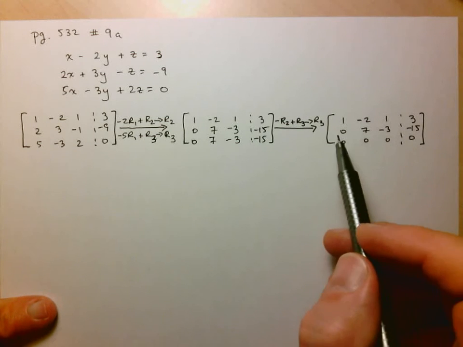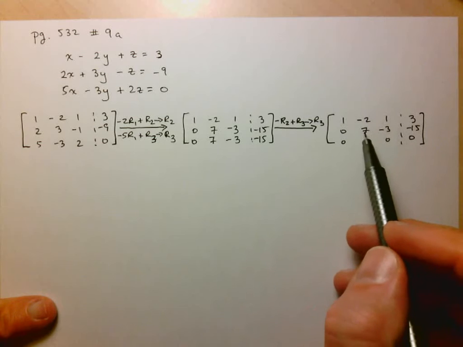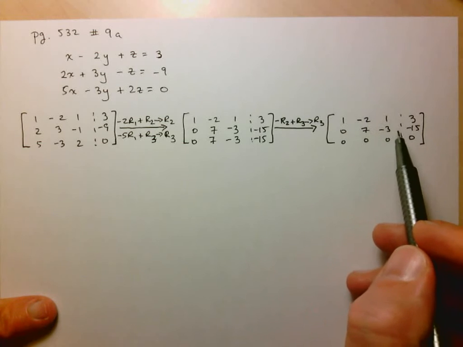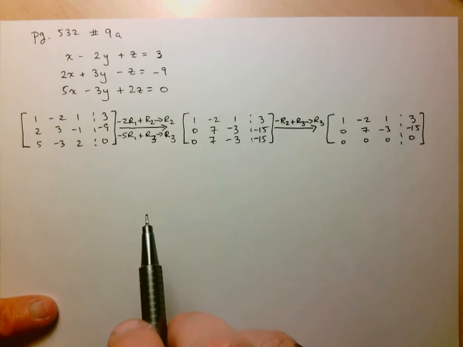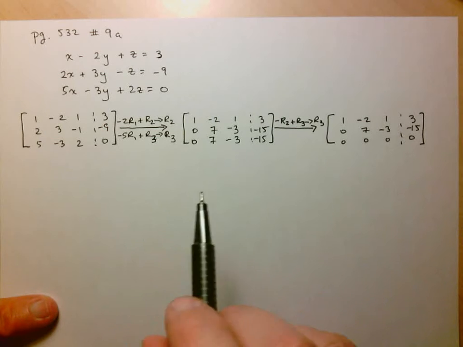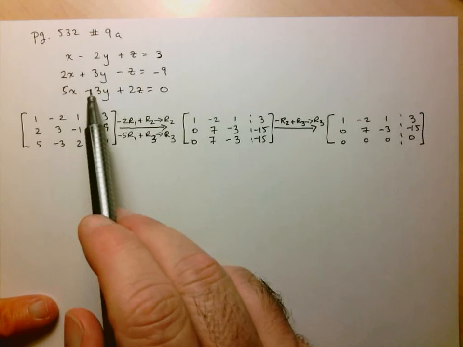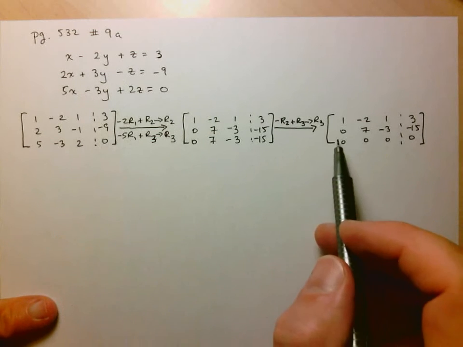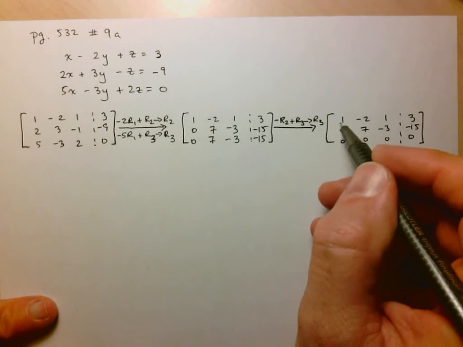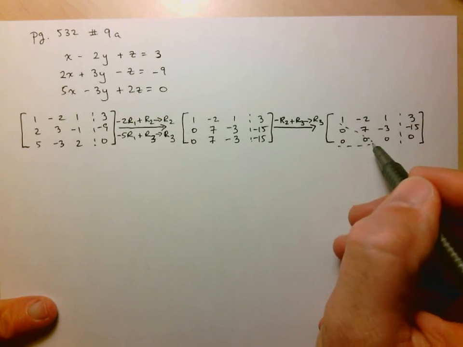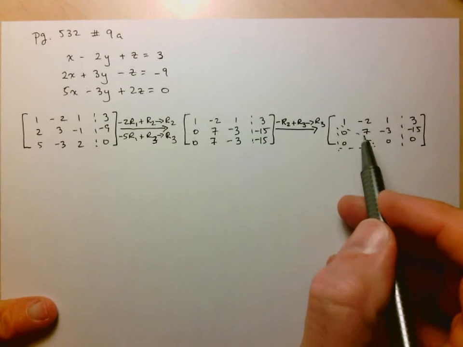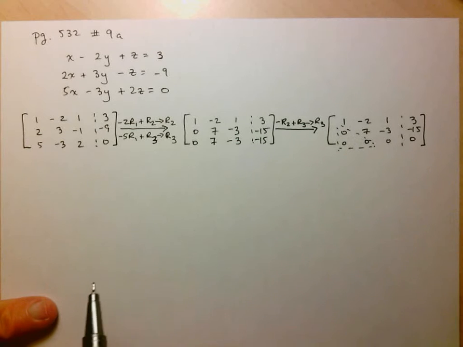My first step would be to divide this row by 7, so I get a 1 here, and we see that this is going to start creating some ugly fractions. As I stated in class, for 3 equations and 3 unknowns, you're probably good to just stop at regular old row echelon form, which creates the triangle of zeros in the bottom left corner.